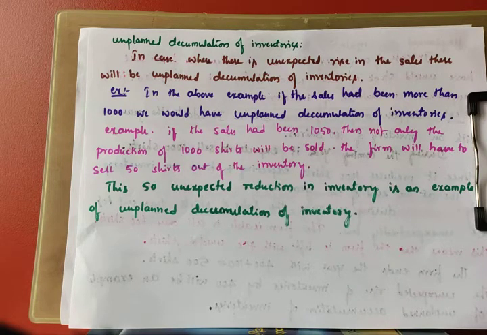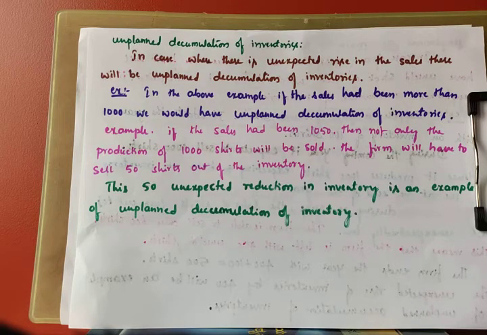Inventory is the stock of unsold finished goods, semi-finished goods or raw materials which a firm carries from one year to the next. That is called inventory. Inventory is a stock variable. In inventory we can see two ways. One is planned accumulation and planned decumulation.